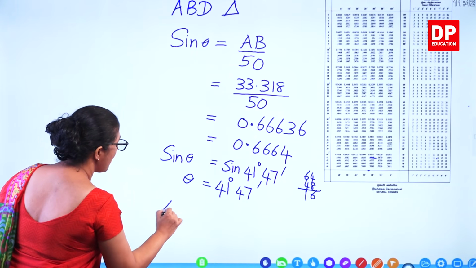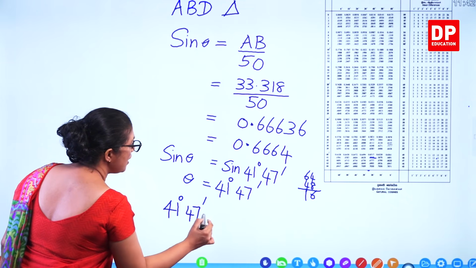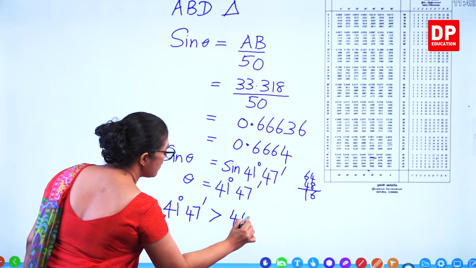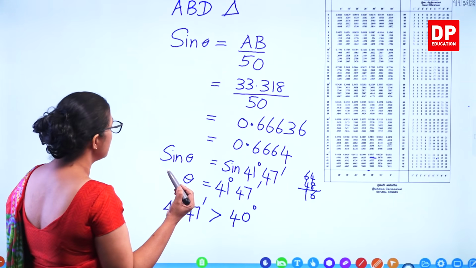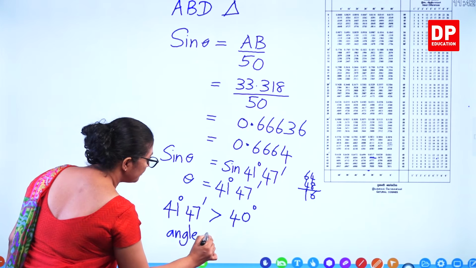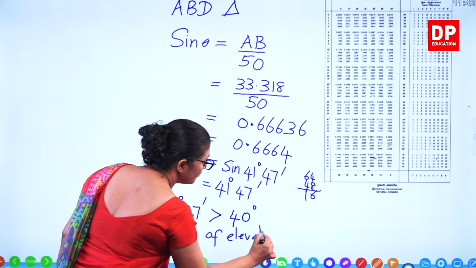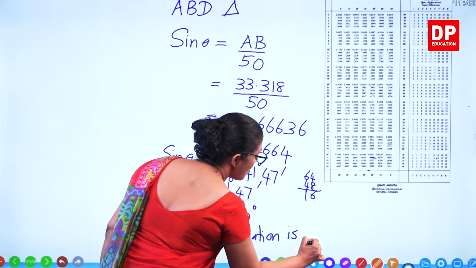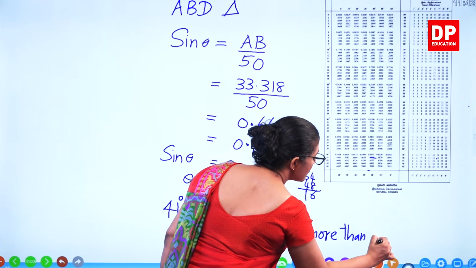So 41 degrees 47 minutes is greater than 40 degrees, and you can write: angle of elevation is more than 40 degrees.